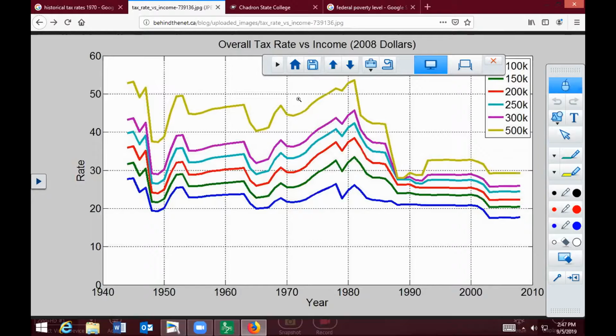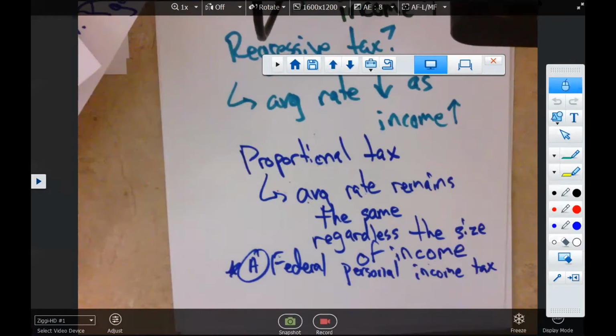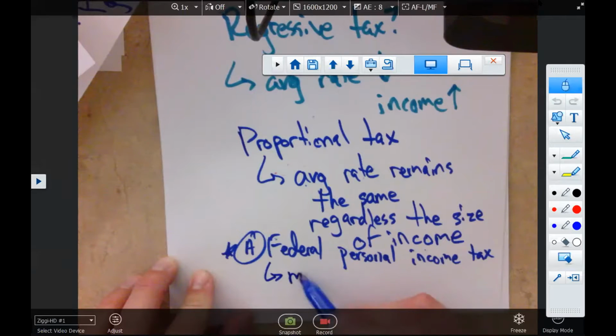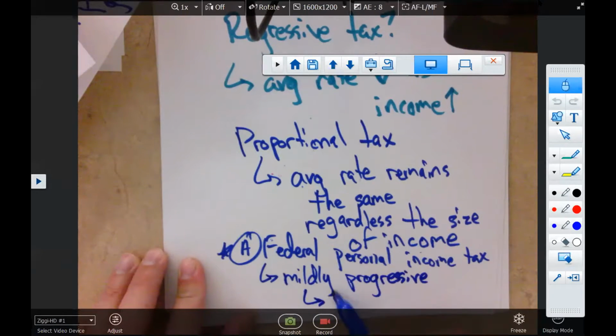So all this to say that the personal income tax rate is slightly progressive. So we would call this mildly progressive. And why mildly? Because of loopholes.